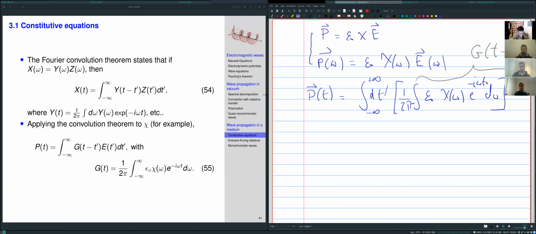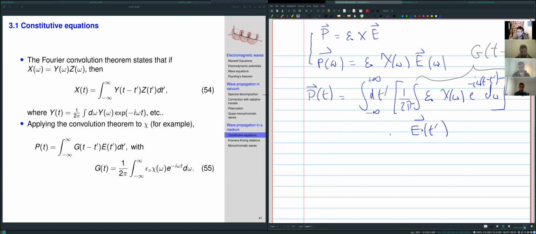And the exponent here is t minus t prime, times E of t prime dt, times E of t prime, okay.